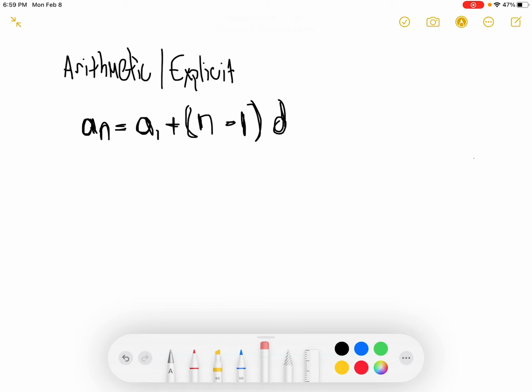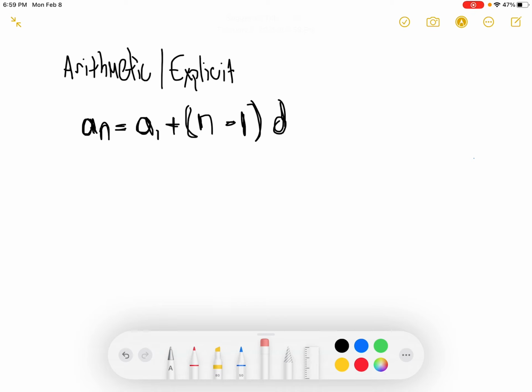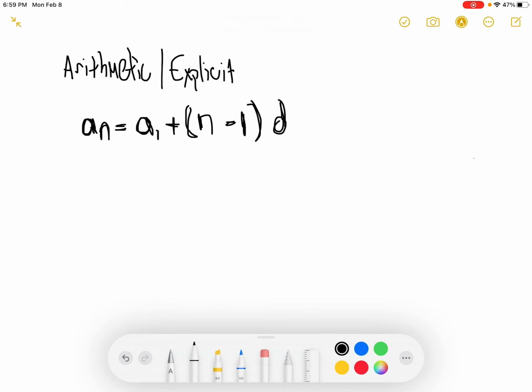But there's also another one that's kind of dumb, but sometimes you still might have to use it, and it's called recursive. And why I think it's dumb is because it's not really helpful unless you know the term that's before what you're trying to find. So let me show you what I mean. This one is A_n equals A_(n-1) plus d.